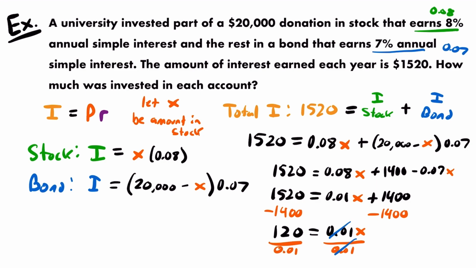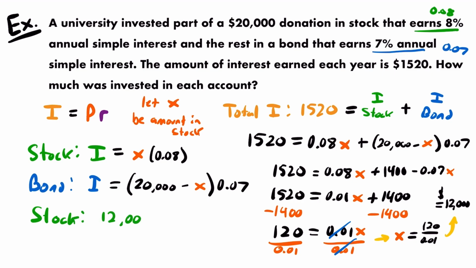These two will cancel out, and what you're left with is that x is equal to 120 divided by 0.01, which is equal to 12,000, specifically $12,000. All right, so what that means is that the value of x is $12,000, so that's the amount that was invested in the stock. So for the stock, the invested amount was $12,000. That's one of our answers.